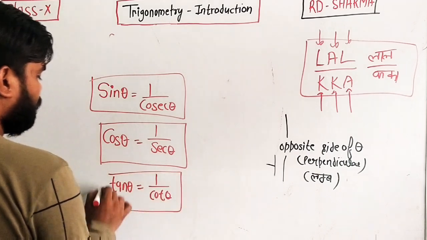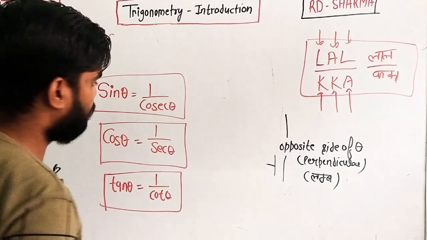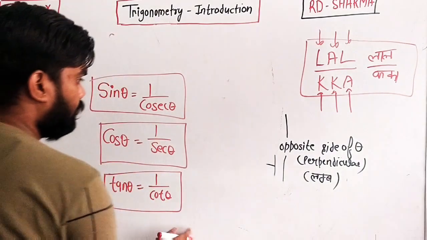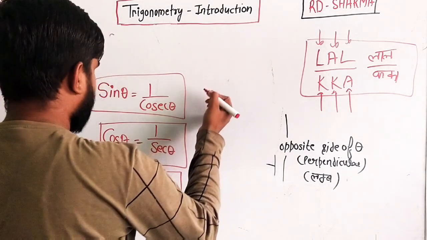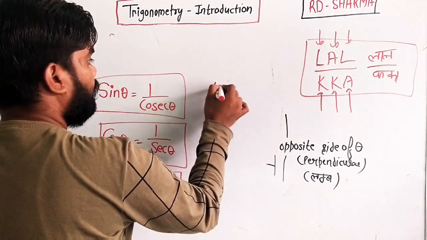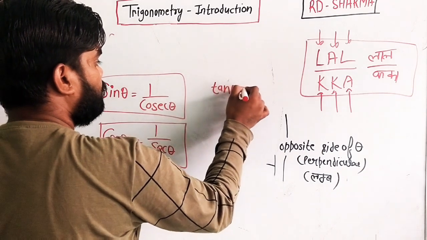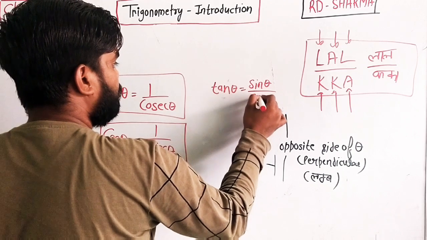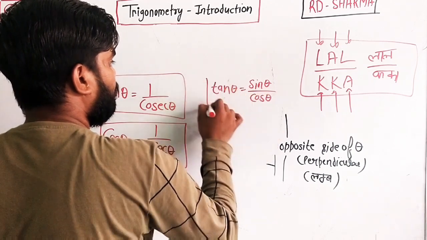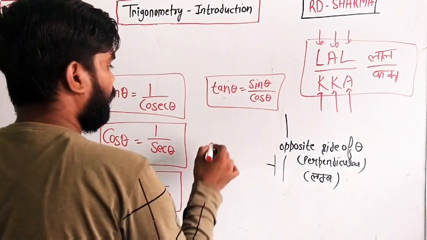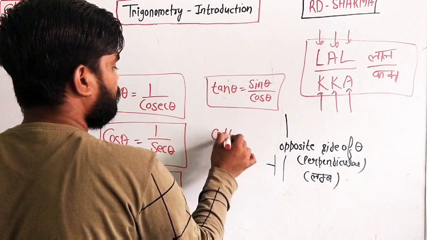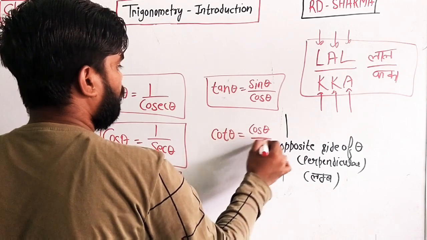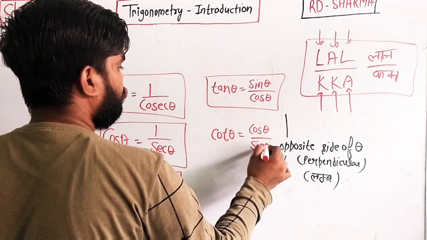You have to keep these formulas in your mind. Two more formulas you have to learn: tan theta equals sin theta upon cos theta, and cot theta is equal to cos theta upon sin theta.